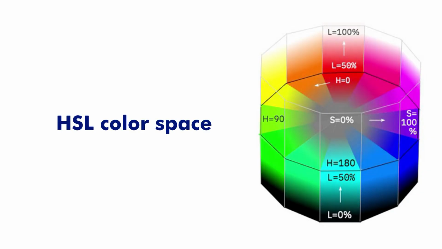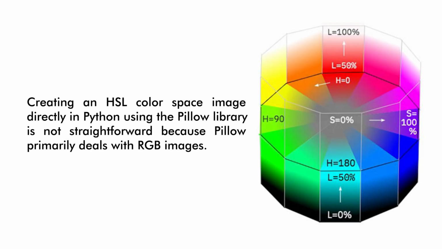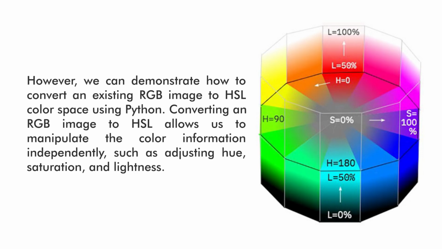Next is the HSL color space. In this, we create an HSL color space image directly in Python using the Pillow library, but again it is not a straightforward method because Pillow primarily deals with RGB images. However, we can demonstrate how to convert an existing RGB image to HSL color space using Python.